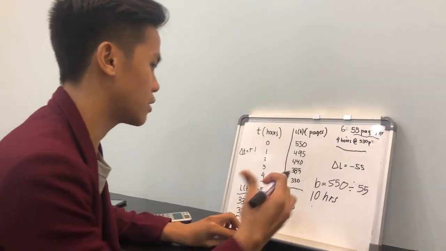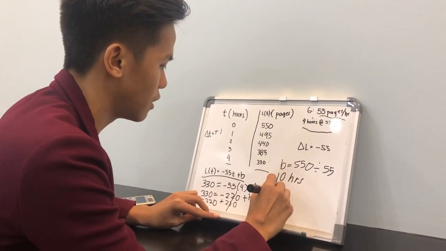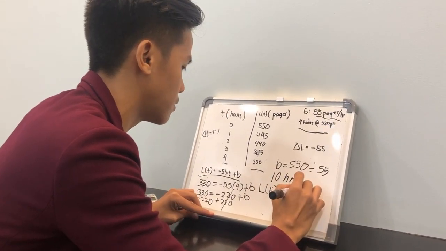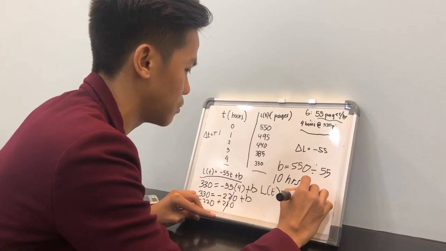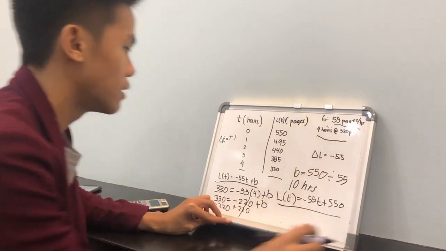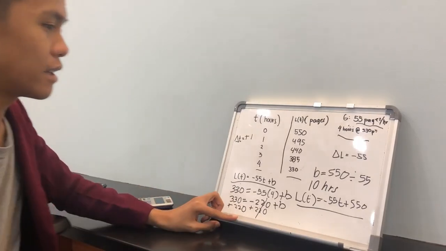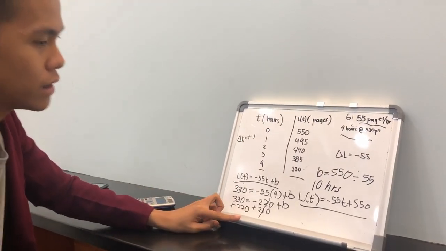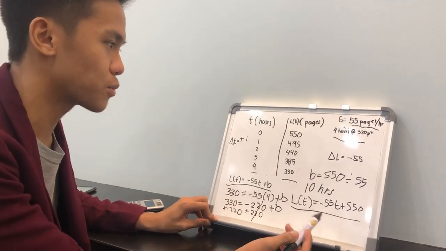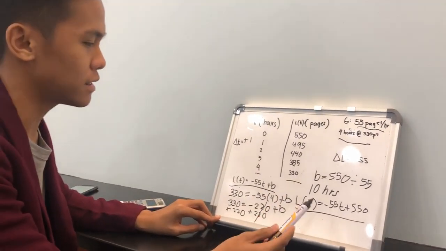And so our function will be L of t is equal to negative 55 t plus 550. All this is saying is that we can approach this problem in many ways, and we can find solutions for this problem in various ways.